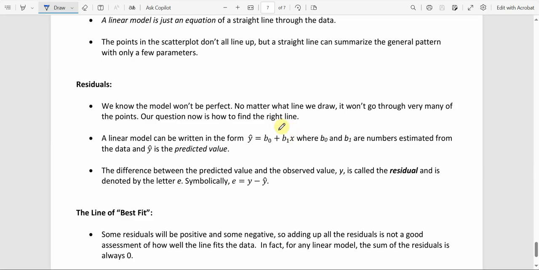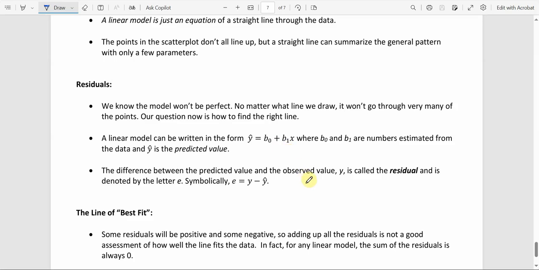When we get specific ones, b0 and b1 are going to be some numbers. Maybe it's 13.26 plus 4.19x. And you go, okay, 4.19 multiplied by the x, that's your slope. That kind of thing. And then y hat, the value that you get when you substitute in a number for x, that's your predicted value for whatever x value you subbed in.